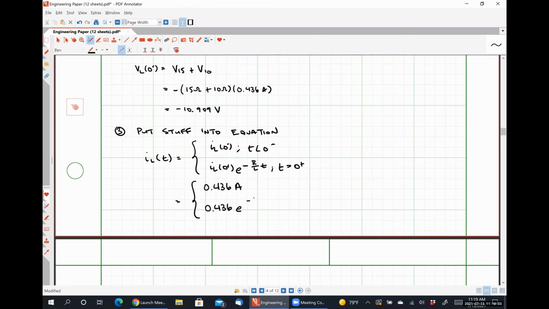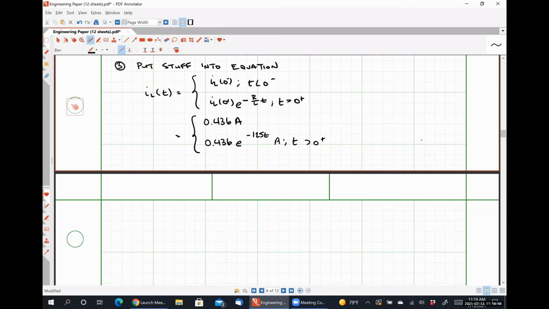So that's perfectly correct. Negative 125 t amps for t greater than 0 plus.